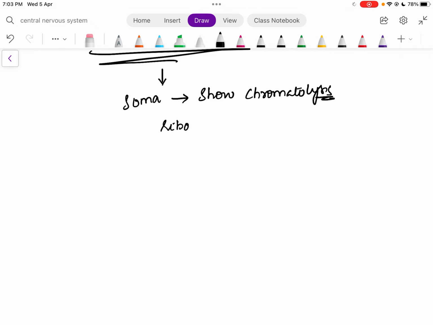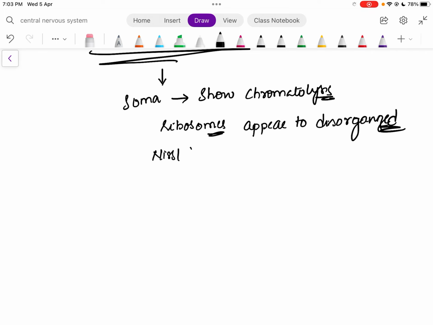That means the ribosomes which are present in the cell body appear to be disorganized, and the Nissl bodies will stain weakly with dyes. With what dye?